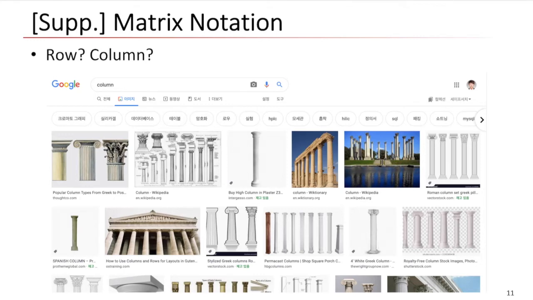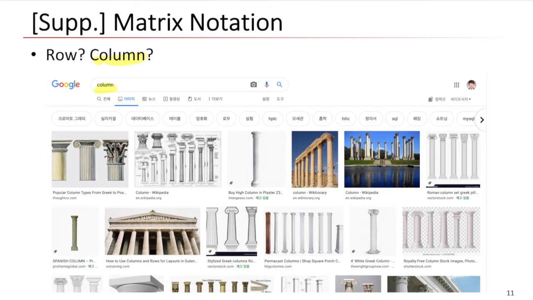Actually, the terminology of rows and columns is sometimes very confusing. So I searched the meaning of column, not the linear algebra meaning, but just the real meaning. It was just like this in Google.